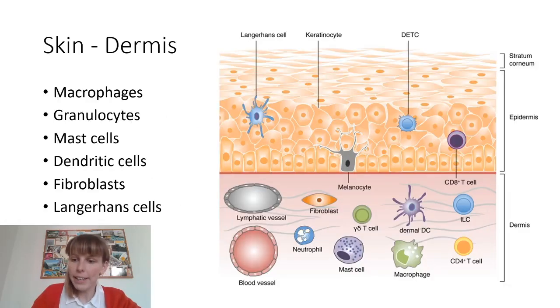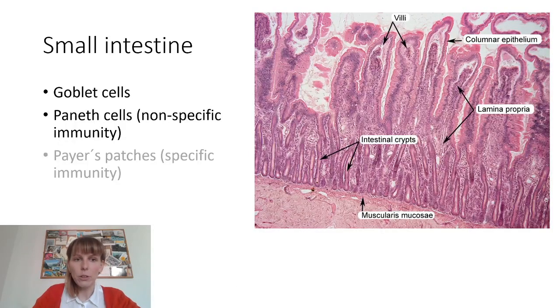So that's the skin, and if we continue, we should be focusing on the small intestine, which we have also met before. We have the villi coming into the lumen. The villi are lined with simple columnar epithelium, and then you have the crypts going into the lamina propria. The lamina propria is inside the villi and between the crypts, and in the epithelium lining the villi we will see goblet cells, so important.